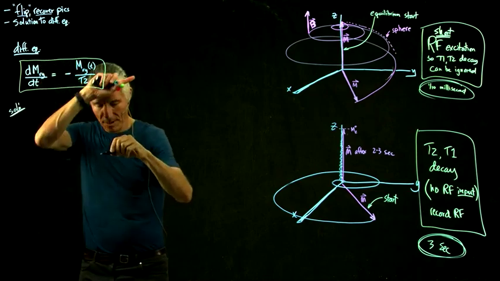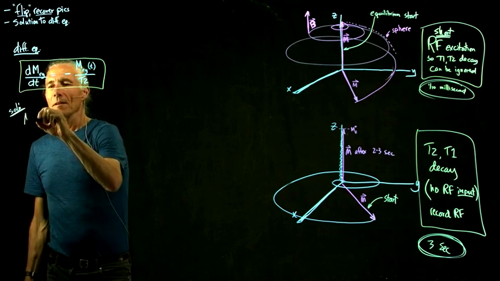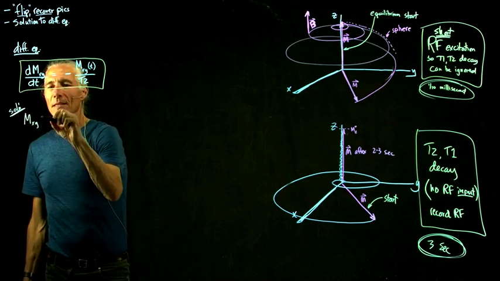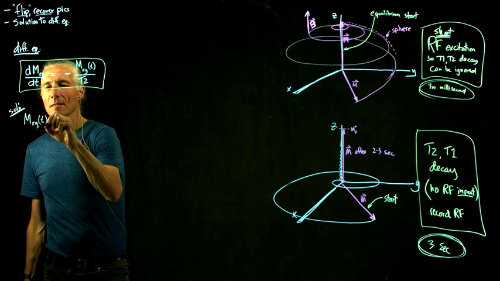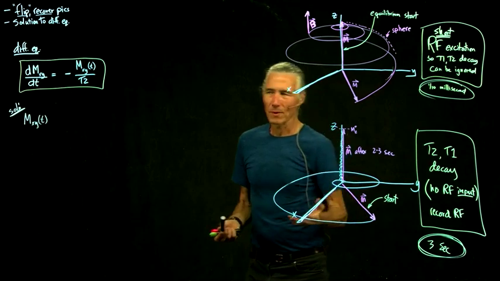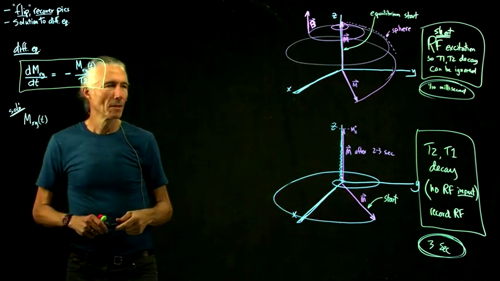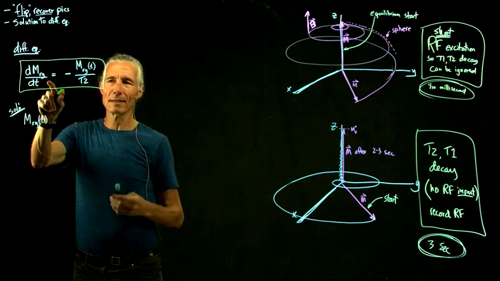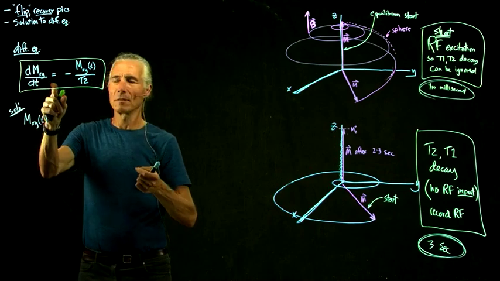The solution was the Mxy value at a time t. Once we have the solution, we can calculate for any time what the magnetization is, not just an instant into the future.